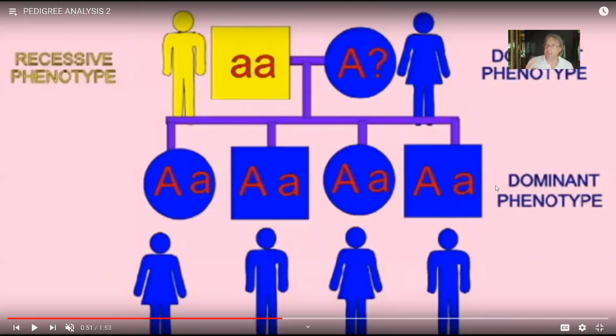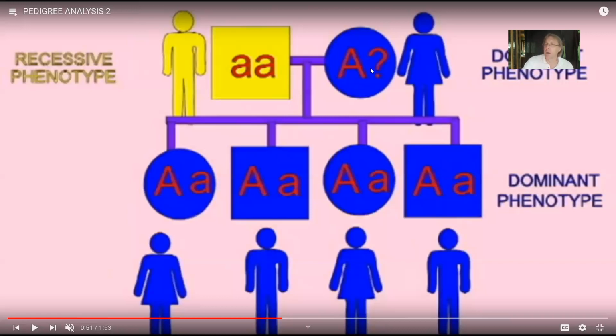Even though it's a 50-50 chance at each birth. And so if this one was a heterozygote, with a 50-50 chance of having a dominant phenotype child versus a recessive phenotype child, they could just by random chance get 4 dominants in a row before getting their first recessive, just like you could get 4 daughters before getting a son.